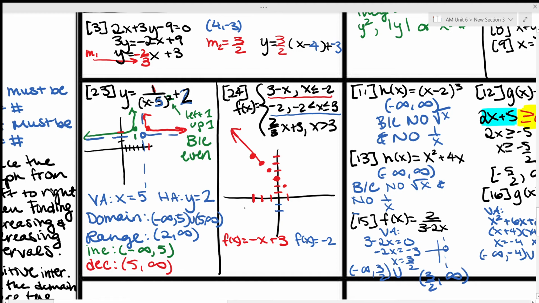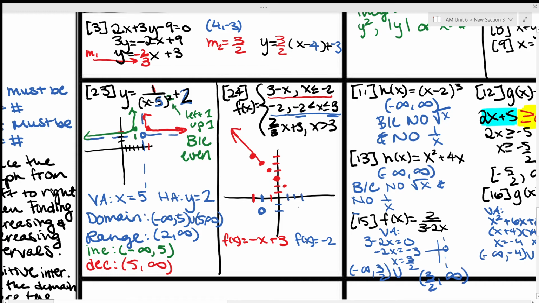So it'll look like a straight line. But I want it to be between -2 and 3. So see that -2 there? I'm going to have a point there. It's an open circle. Why? It's not on the graph. It's not greater than or equal to. Good. Then I'm going to go over to the 1, 2, 3.